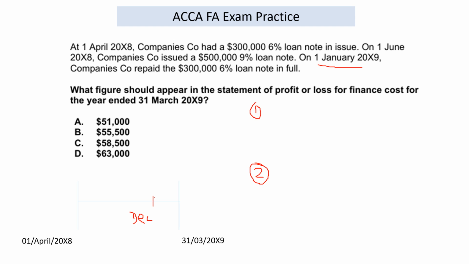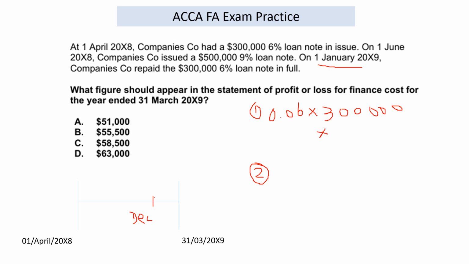So what's the deal? How do we calculate the interest? Well, it is 6% or 0.06 multiplied by 300,000. Sorry about my writing, but I hope you get the point. And then we have to multiply by how many months.